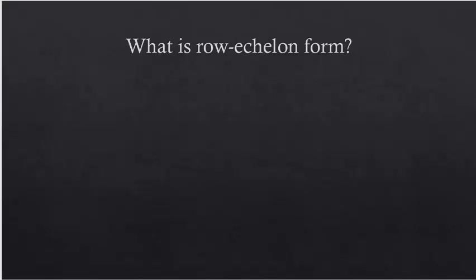So what is row-echelon form? So row-echelon form is a matrix where we have 1s in the diagonals and everything underneath the diagonals is a 0. When we set it up, we want to get the diagonals to be 1s, everything underneath the 1s to be 0s, and these over here just stand for whatever number they end up being after we manipulate the matrix in order to get the 1s on the diagonal and the 0s.